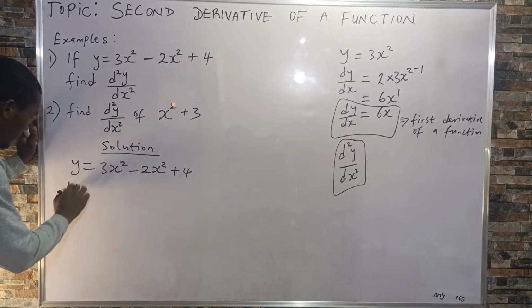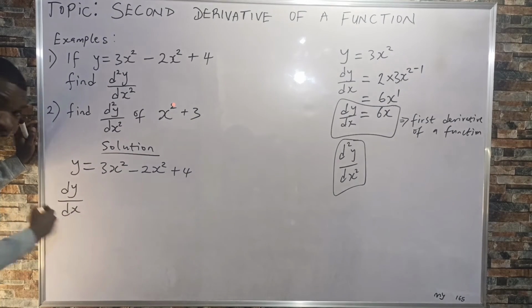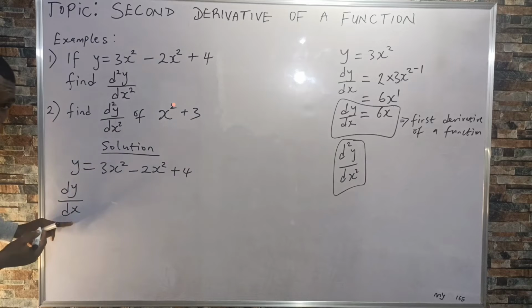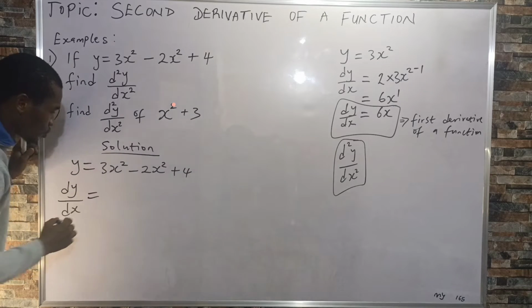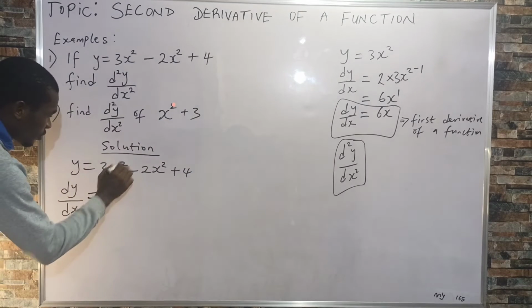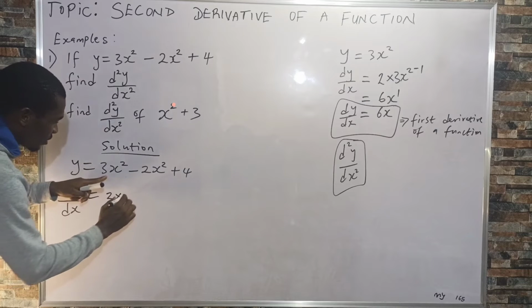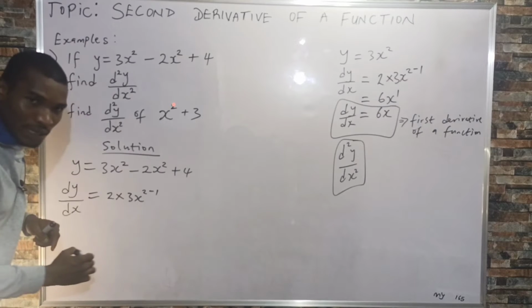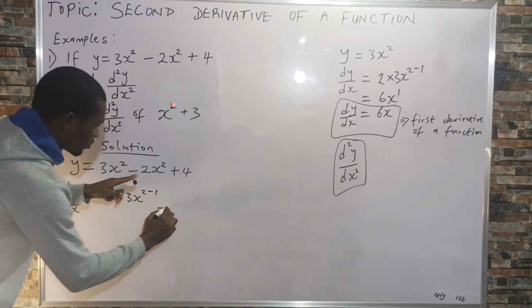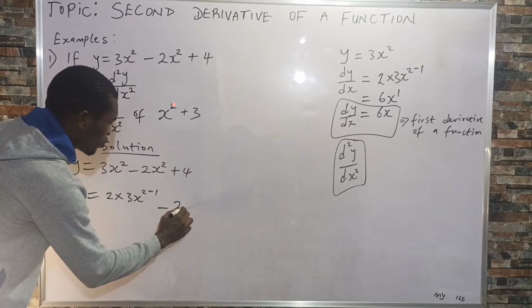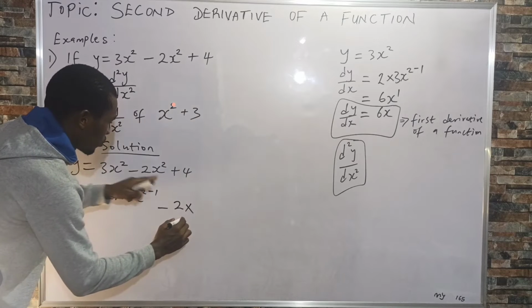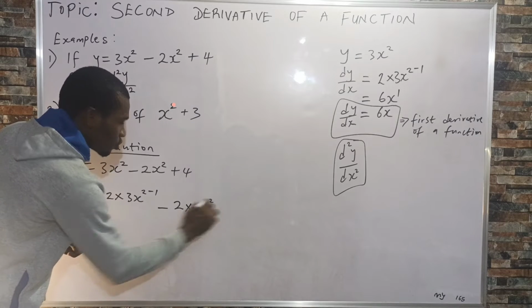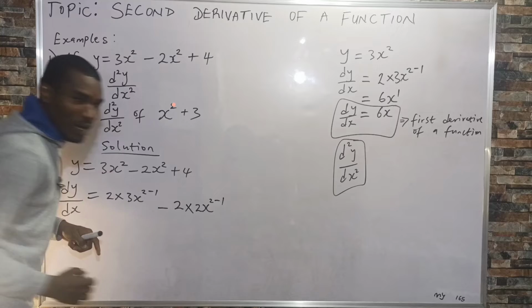We have dy/dx, that is differentiating y with respect to x, and that is equal to, here we have 2 multiplied by 3x raised to the power of 2 minus 1. Then minus, we also have here 2 multiplied by 2x raised to the power of 2 minus 1.